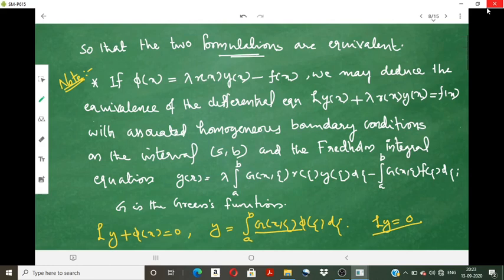So now we consider phi of x equal to lambda r of x y of x minus f of x. That means phi of x is an indirect function of x, involving y.